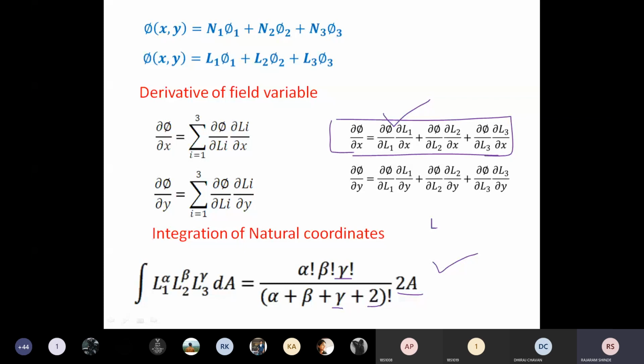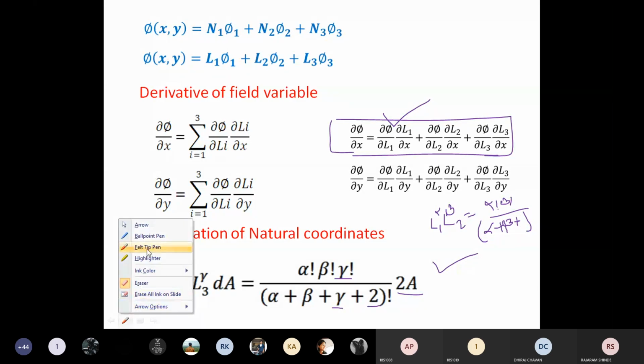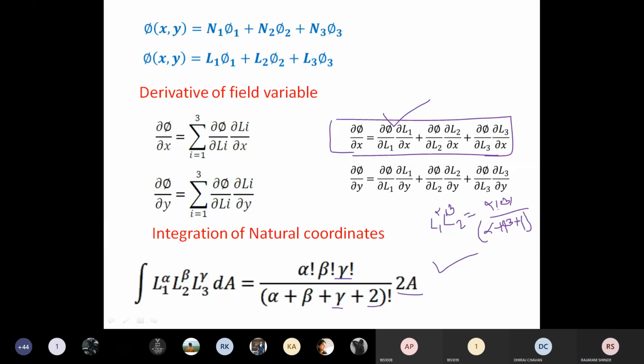For a one-dimensional element, it is L1 raised to alpha, L2 raised to beta, and this is equal to alpha factorial, beta factorial, divided by alpha plus beta plus 1 factorial, into L. You see here this is for one-dimensional and this is for two-dimensional.